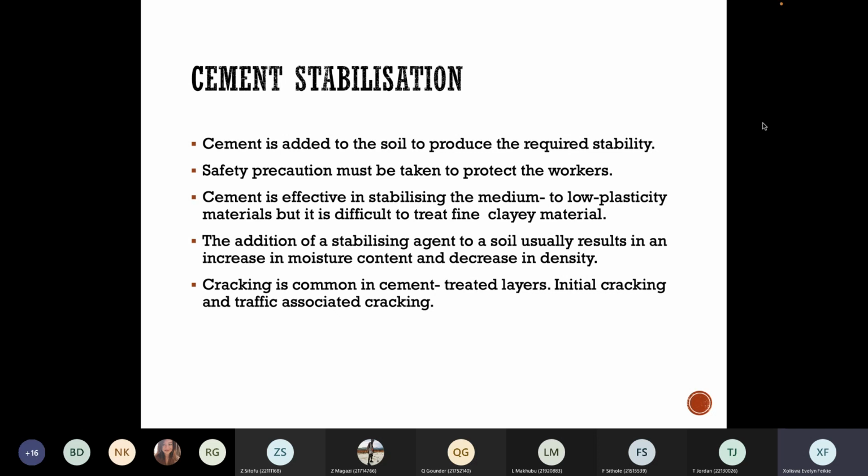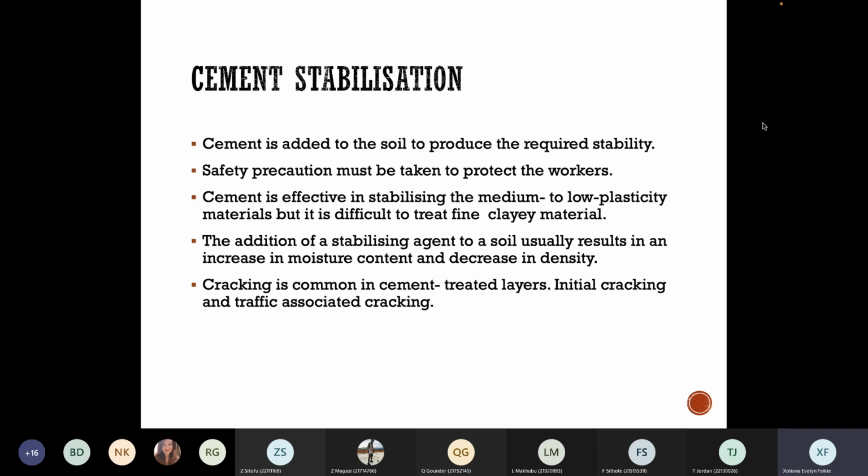So from this, remember, when we're moving to using stabilizing agents, which is maybe cement, lime, and bitumen, you don't just treat soil with any of those. It depends on the plasticity, and it depends on what you want to achieve.